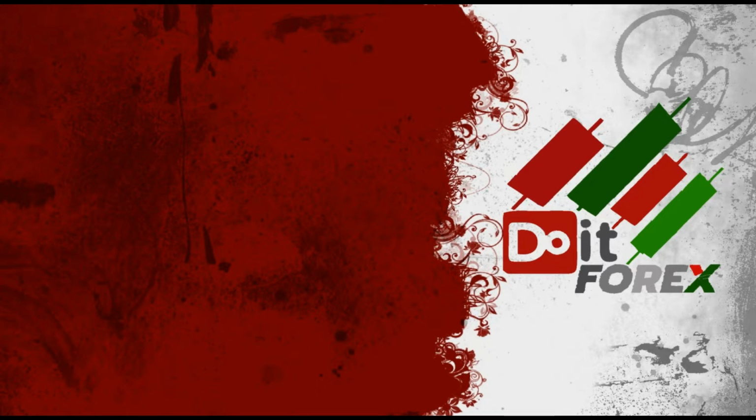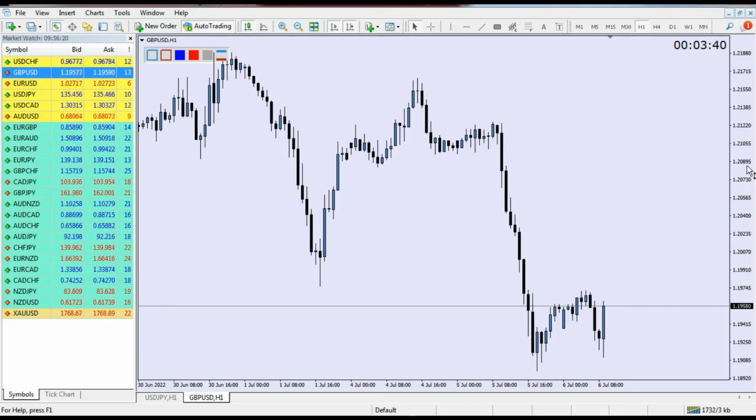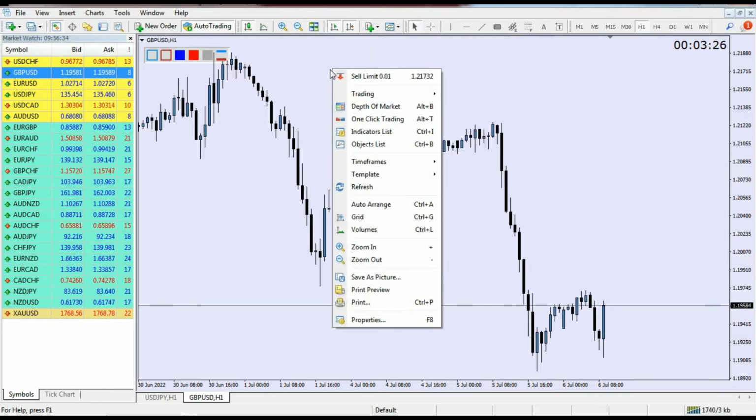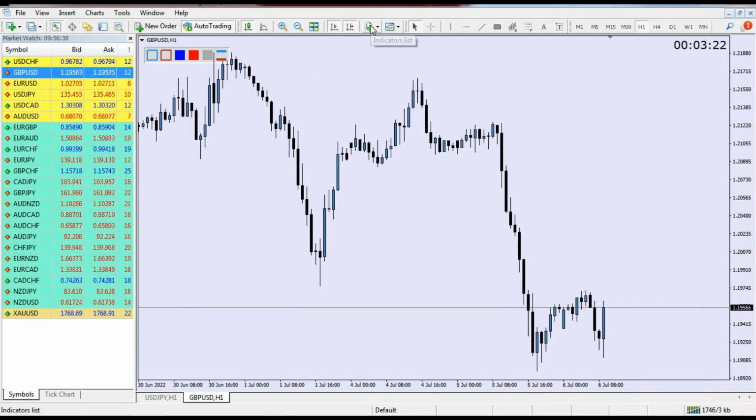Okay guys, we start with this Fibonacci retracement. First of all, we have to set up our Fibonacci retracement. I already set up my custom Fibonacci retracement, and I will share it with you. So this is the Fibonacci.